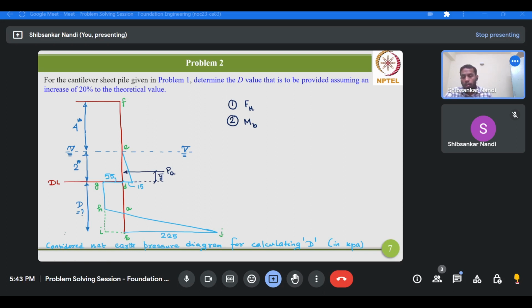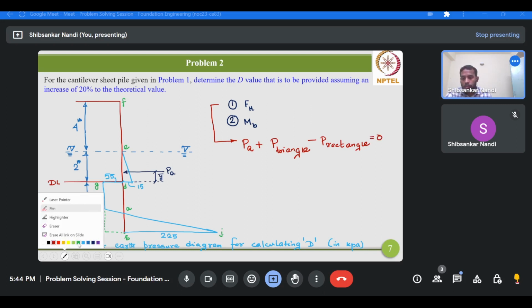Now for horizontal force equilibrium, from condition 1 or criteria 1, what will happen? Your PA plus P triangle minus P rectangle should be 0. Why?